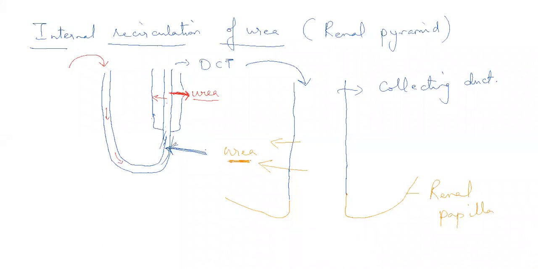But some enters into this thin segment and is transported upwards. As a result, this zone has a higher concentration of urea.